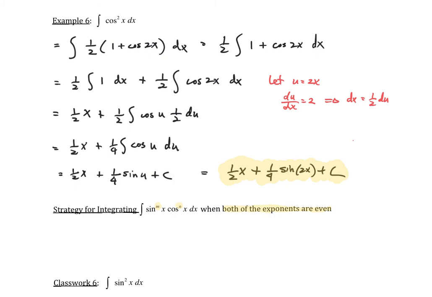All right, so when they're both even, both being the operative word here, then we'd simply use the appropriate half-angle formulas and use substitution.